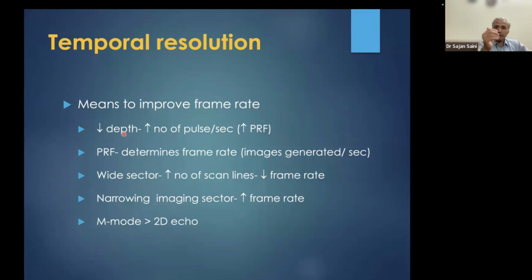That will improve your ability to detect the motion of this particular tissue, or of the blood or organ of interest. Okay, so we will discuss various modes, but M mode is associated with higher pulse repetition frequency and thus has better temporal resolution as compared to 2D.